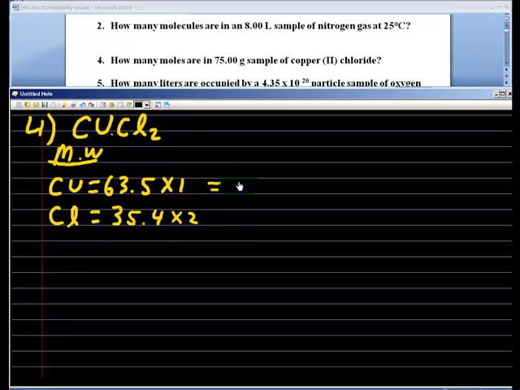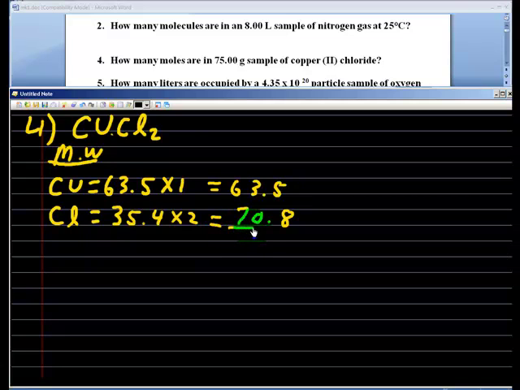So this is going to be 63.5, the atomic mass. This is going to be 70.8, and that is the atomic mass being contributed by 2 of the chlorines.